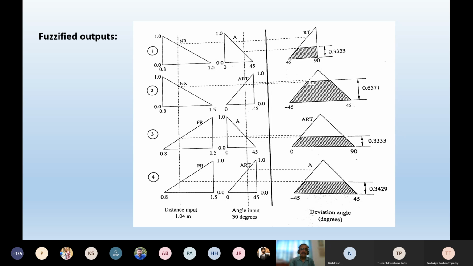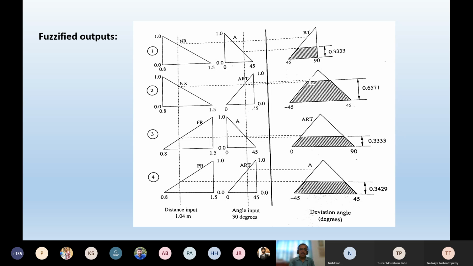Now you concentrate on the first fired rule. It is going to intersect here. It is going to intersect here. So this is mu corresponding to near. This is mu corresponding to ahead. You compare these two mu values, take the minimum. So I'll be getting this particular truncated area as the output. Similarly, you concentrate on the second fired rule.